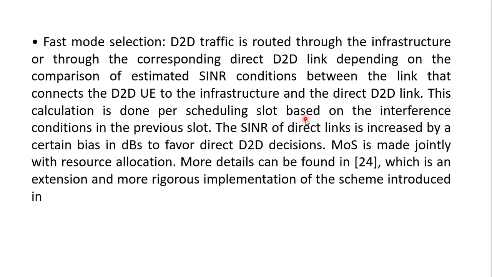Next, fast mode selection. D2D traffic is routed through the infrastructure or through the corresponding direct D2D link, depending on the comparison of the estimated SINR condition between the link that connects the D2D user interface to the infrastructure and the direct D2D link.